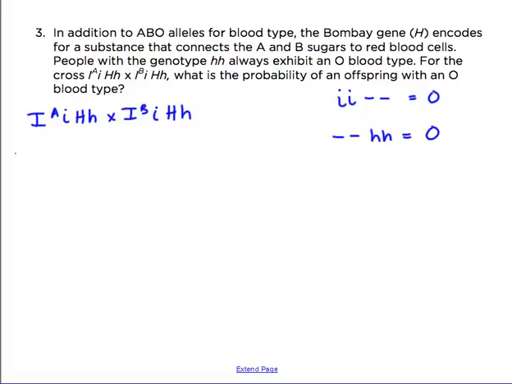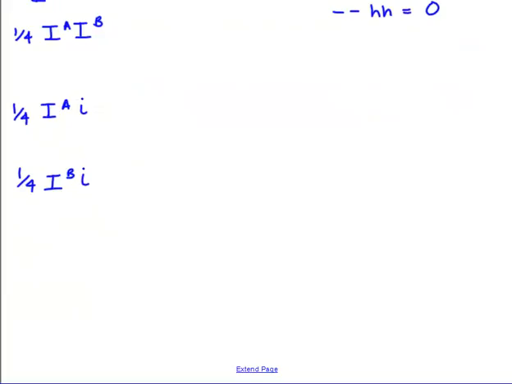So you have 1/4 big IA, big IB, 1/4 big IA, little i, 1/4 big IB, little i, and 1/4 little i, little i.